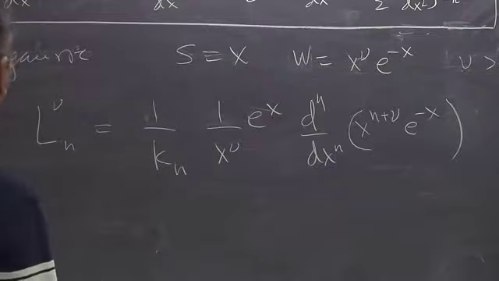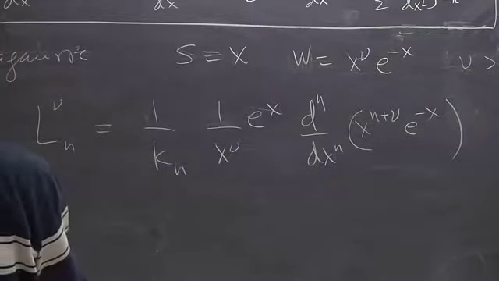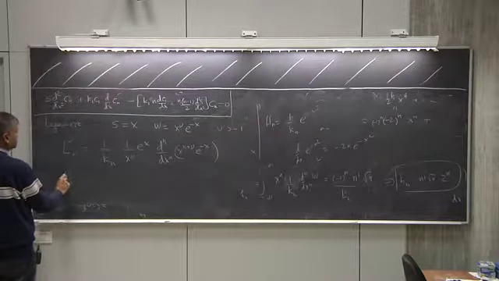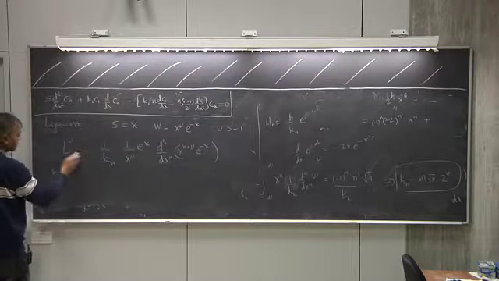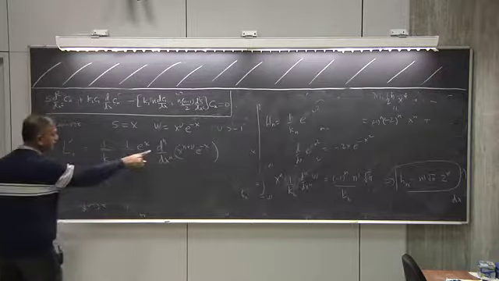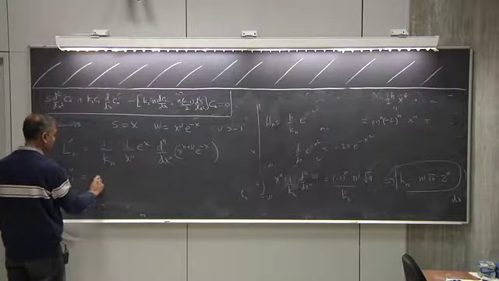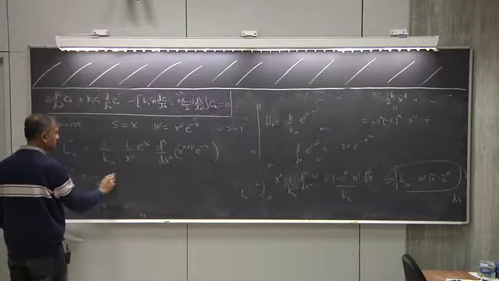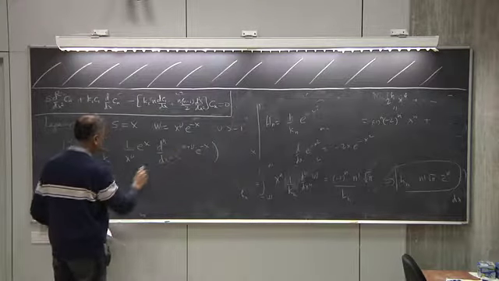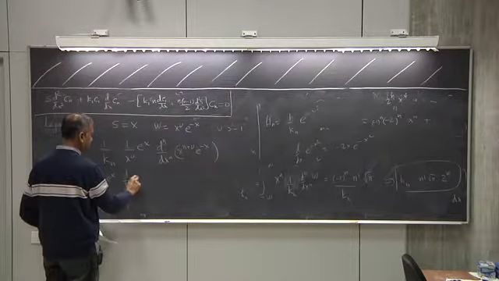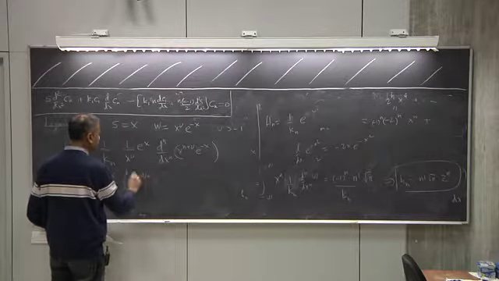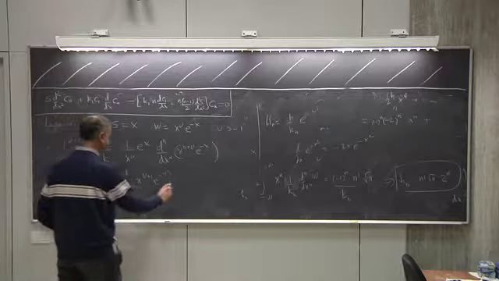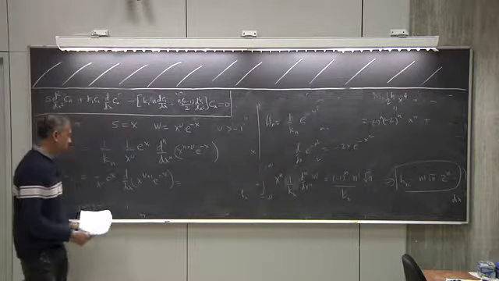So we can compute, for example, what is L1 nu? We need to know K1 for this. So K1 comes here and take n equal to 1. So that is simply 1 over x to the nu e to the x, d by dx of x to the nu plus 1 e to the minus x. Let's see, there are two terms.